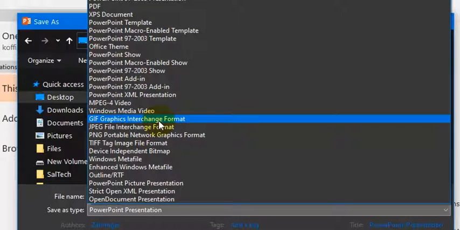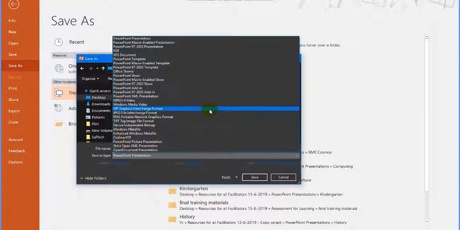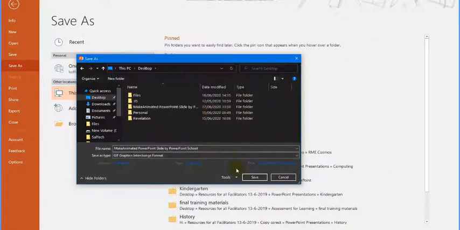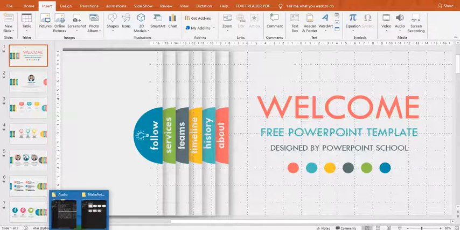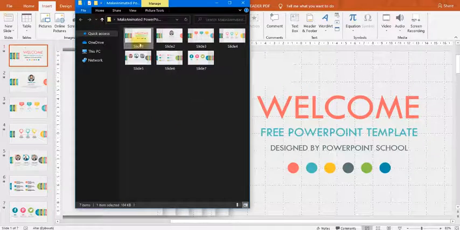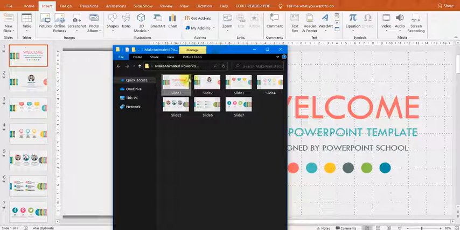If you choose GIF, the slides will be saved as pictures. Let's try it. So, these are they.